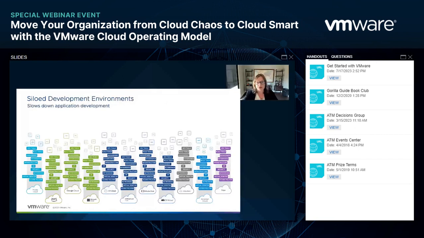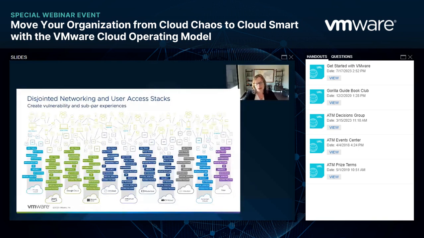Add that to your development teams who now have to develop their applications slightly differently for each of these environments because of these differences in the underlying components, and then add the disjointed networking and user access components.